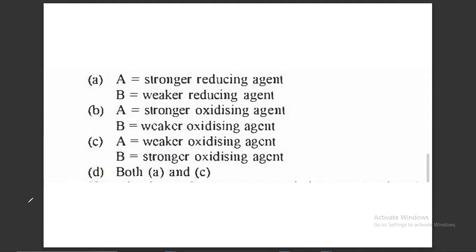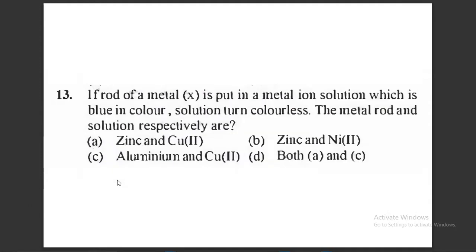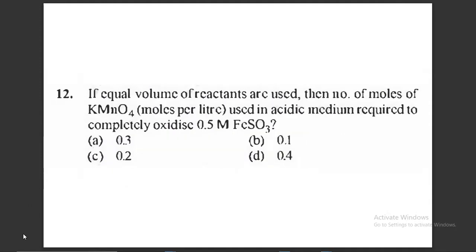Let us read question number 12. If equal volumes of reactants are used, then find the number of moles of potassium permanganate used in acidic medium required to completely oxidize 0.5 molar ferrous sulfide solution. Both iron in the 2 state and sulfur in the oxidation state of minus 2 in sulfide can be oxidized to iron 3 and sulfate respectively.